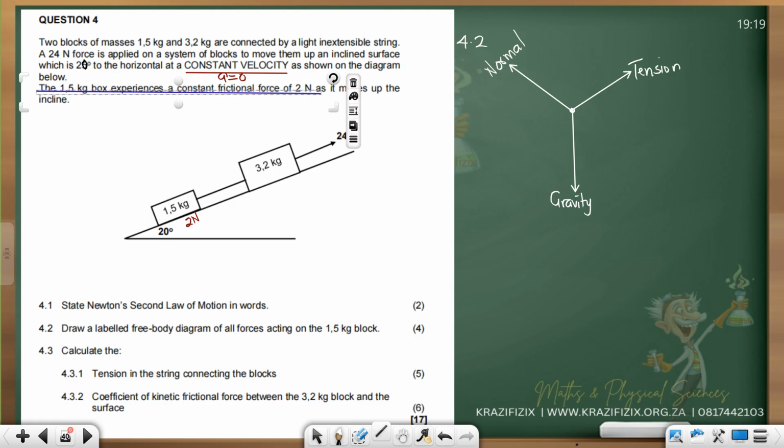The 1,5 kilogram box experienced a conditional friction force of 2 newtons. Constant, not conditional, constant frictional force. So how can you tell me you're seeing 3? So where is the frictional force going to be acting?